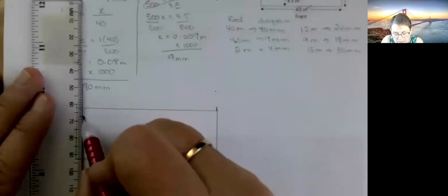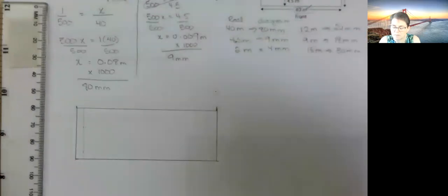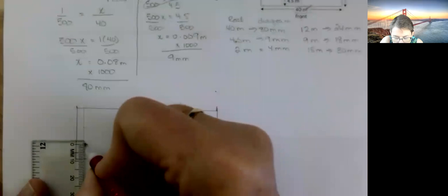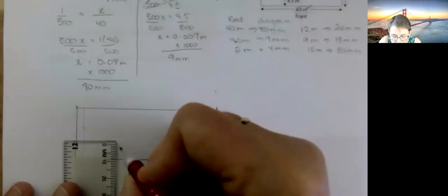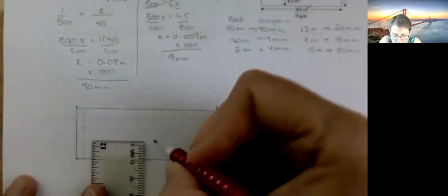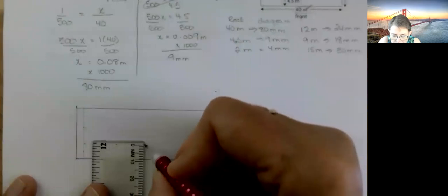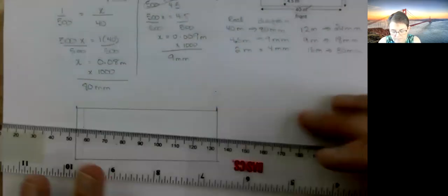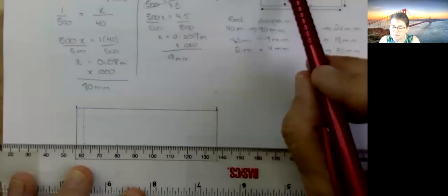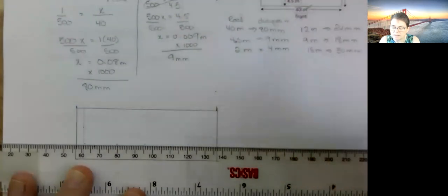So that's that distance. Now I need to measure up 4.5. So the 4.5 is 9 millimeters. I don't know how far that one's going to go either right now. Oh, wait, I do. Let's see. Got 12 meters, which is 24.